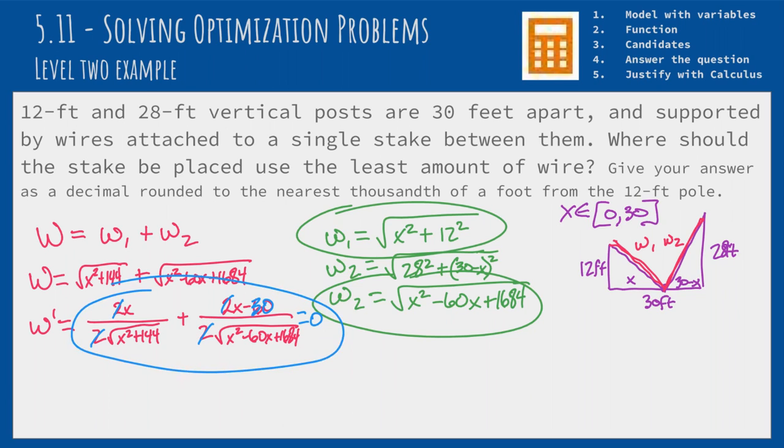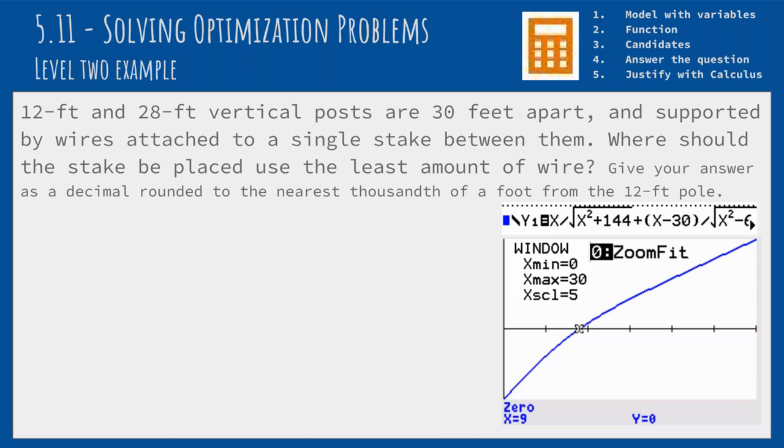I'm going to plug this expression into my calculator. I'm going to use the calculator to find zeros, and that's going to give us our critical values. I've done all of that already. I plugged the derivative in for y1. I changed my window to include x values from 0 to 30, because remember, x is not going to be outside of that range.